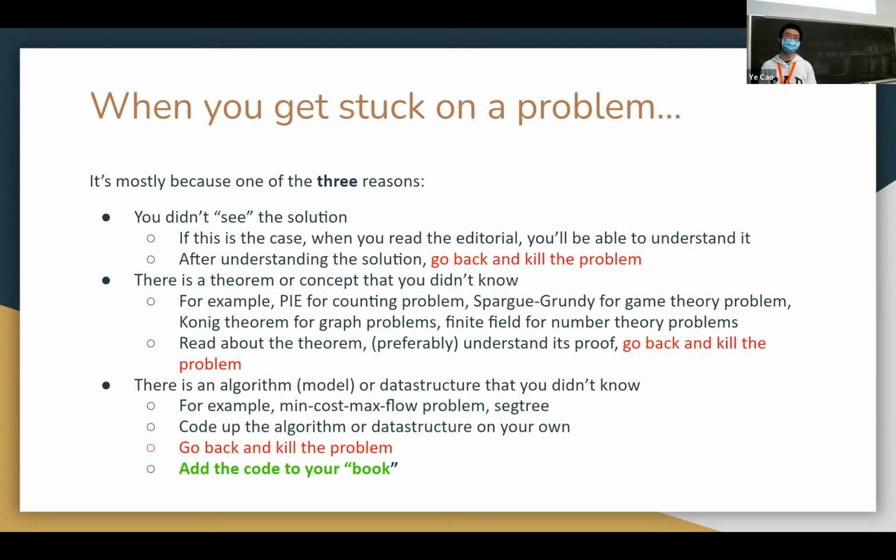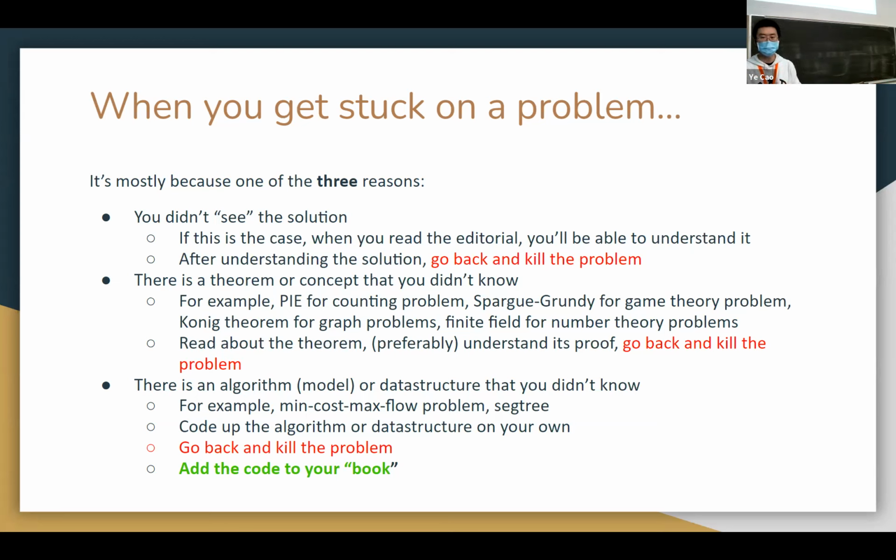The third reason you can get stuck on a problem is there's an algorithm, model, you can call it that, or a data structure that you simply haven't seen before. For example, if you haven't seen min cost max flow or segment tree before, when you run into this type of problem, what should you do? You don't even know the model.